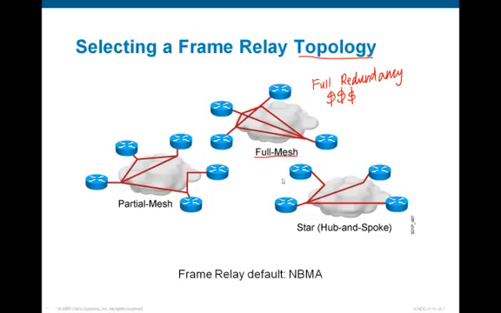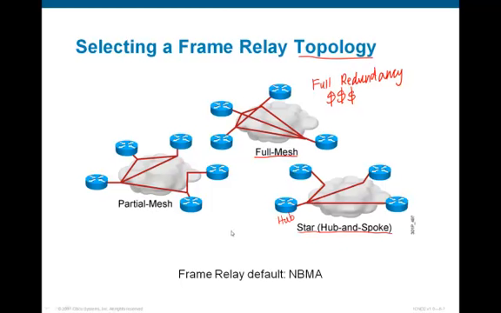But of course, the disadvantage is it's very expensive to implement because you need to have circuits to every location. Now, in the real world, the more practical, cost-efficient solution is the hub and spoke deployment, whereby all the remote sites have one connection to a centralized hub, so that all data is flowing to the hub or through the hub to reach other remote sites.